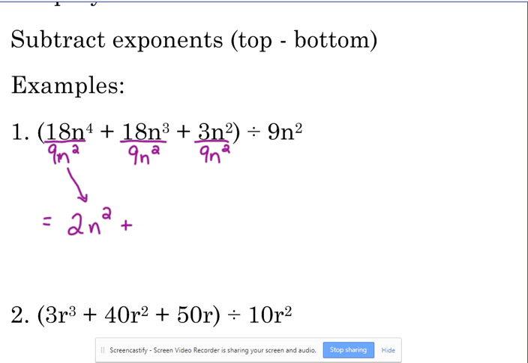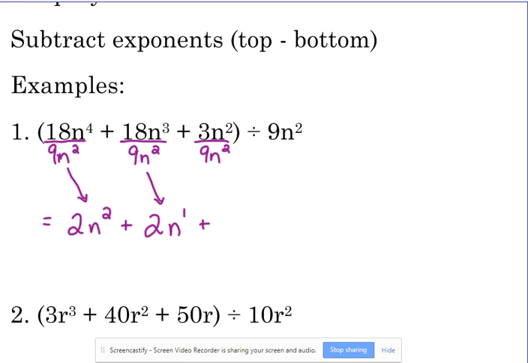Plus, let's repeat it again for the next term. 18 divided by 9, same coefficients that we just had, it's 2. n cubed divided by n squared is n to the first. You really don't need the exponent of 1, I'm just writing it there for clarity.